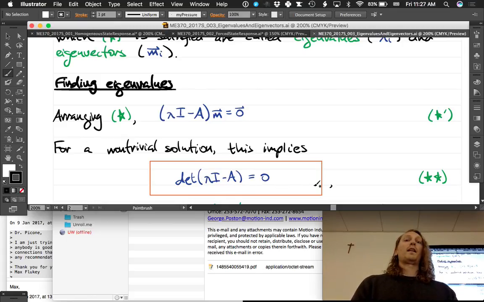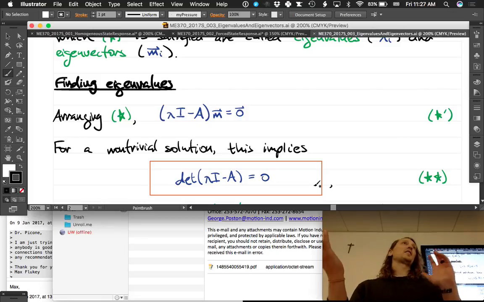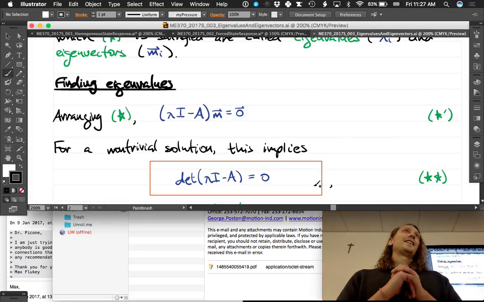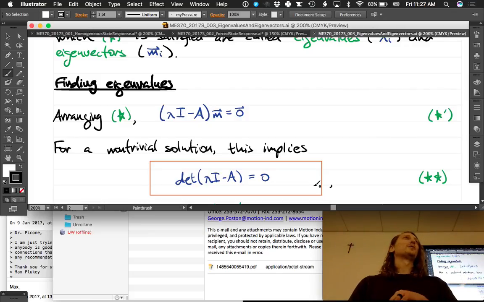Which is great because the determinant, as you can remember, we used last semester. The determinant is pretty easy to compute for most of the matrices we care about. So all we have to do is take lambda I minus A, and take the determinant. Actually, you might recognize this, determinant of lambda I minus A equals 0.